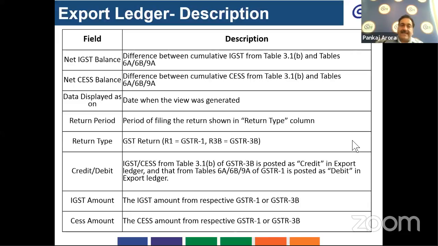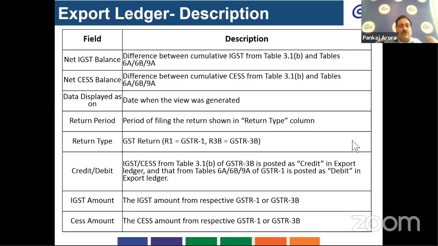So if the net balance is negative, it means that you will have to pay such tax. It is your liability. And likewise, in the net cess balance, if it is negative, you will have to pay the cess along with interest if applicable. And if it is positive, it means that it is good. There's no action to be taken in such matter.